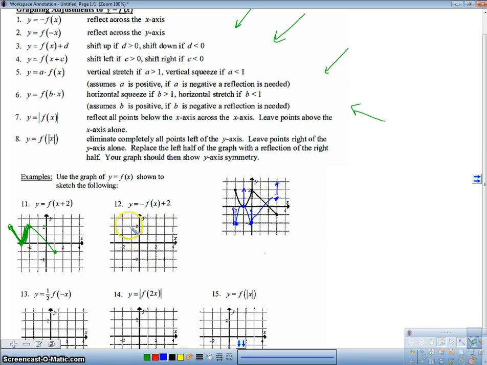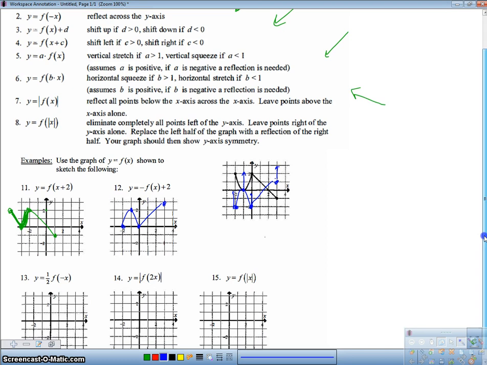So my next picture, my finished product, if you will, is going to look like that. Okay, let's take a look at the next one.